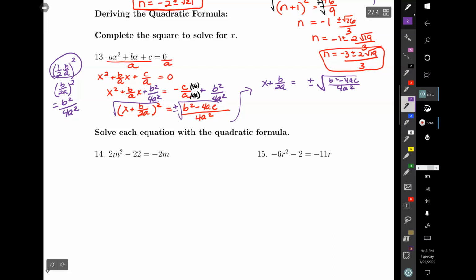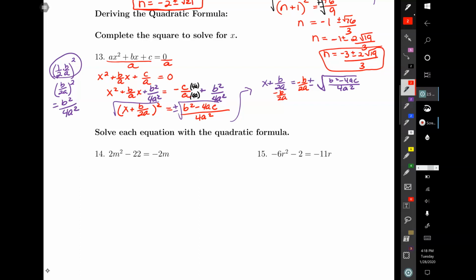And we're going to subtract this b over 2a from both sides. So I'm going to write that in here. Minus b over 2a, minus b over 2a.